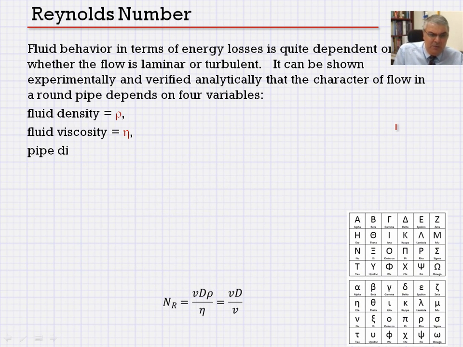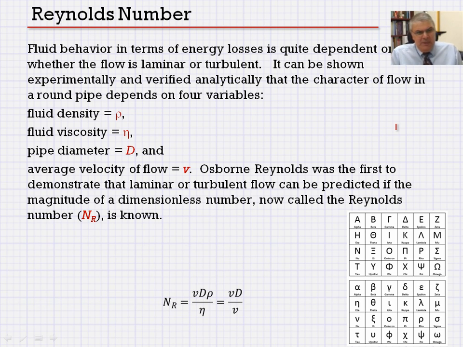Let's take a look at the Reynolds number closer. There are four main variables that would describe the flow in a round pipe or round conduit. And these four have been studied in the laboratories, and they are fluid density, fluid viscosity, pipe diameter, and average velocity of flow.